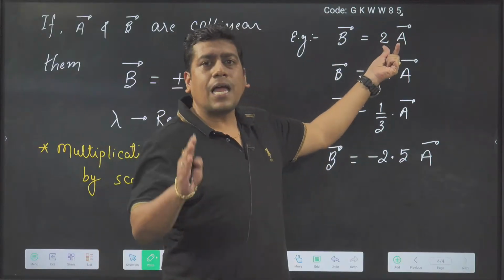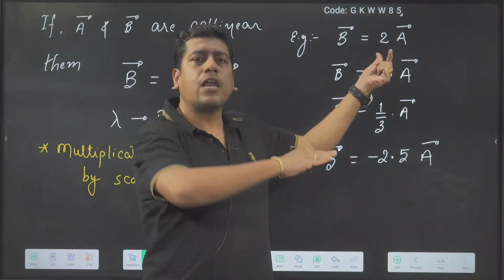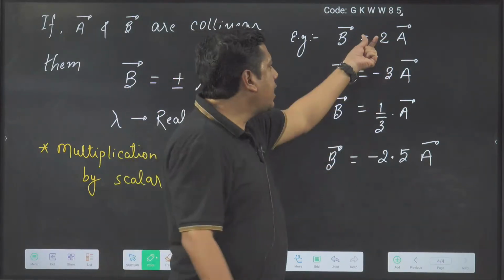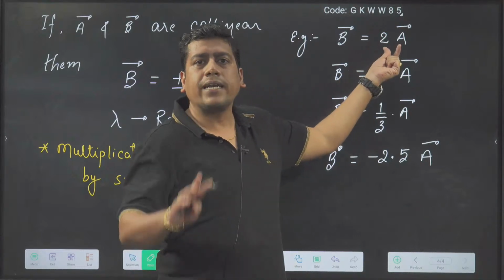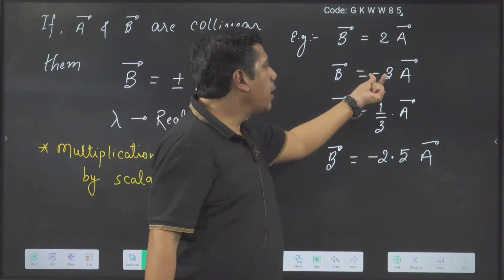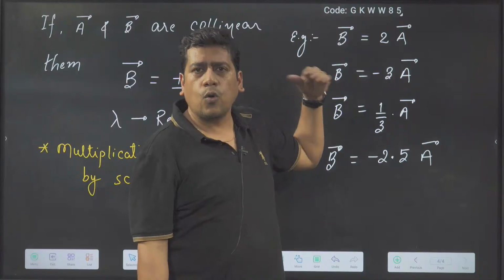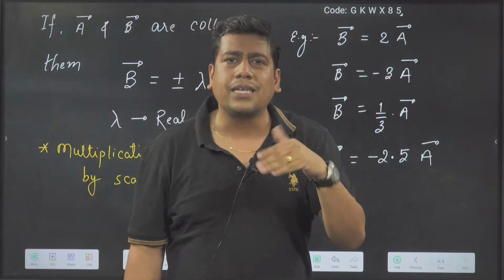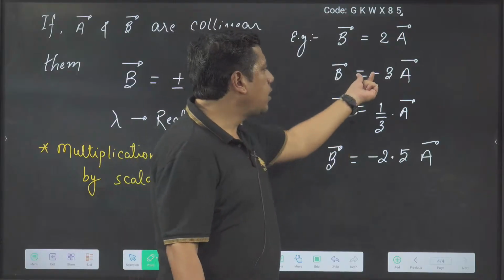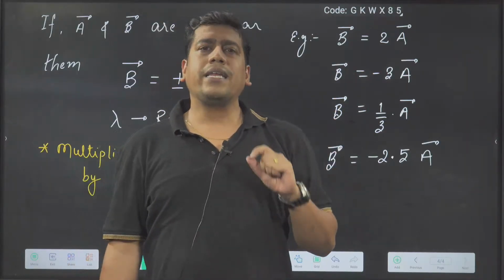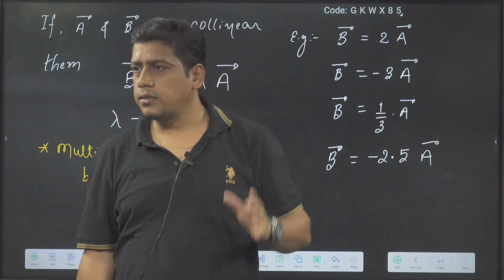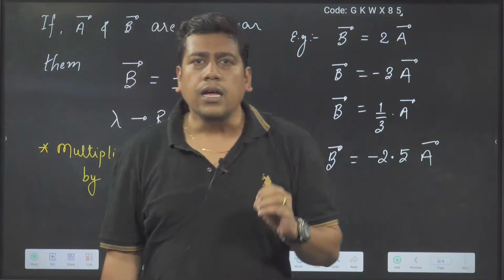But if you multiply with some number other than 1, the magnitude will change. If you multiply with 2, the magnitude will become double. If you multiply with minus 3, ignore the minus sign, the magnitude will become 3 times. Then what is the use of the minus sign, sir? Minus sign means the direction has been reversed.